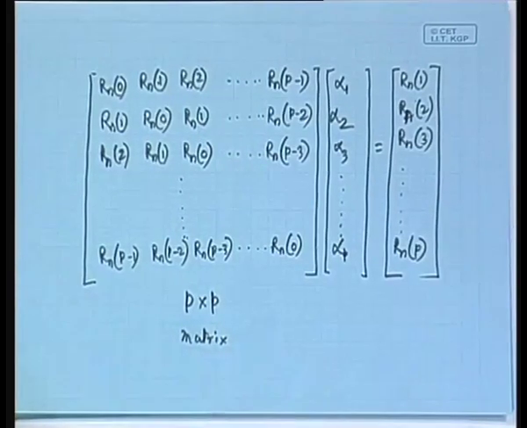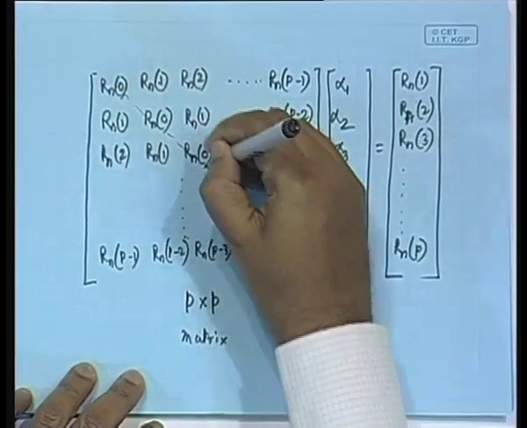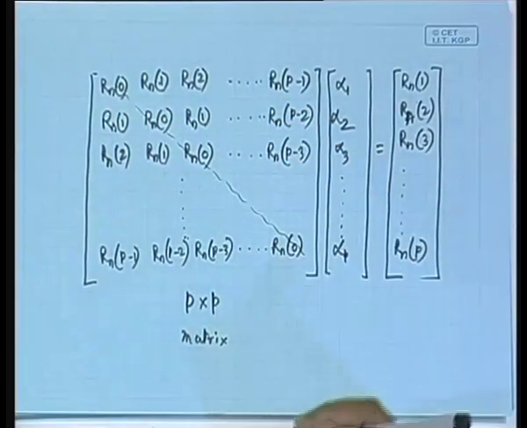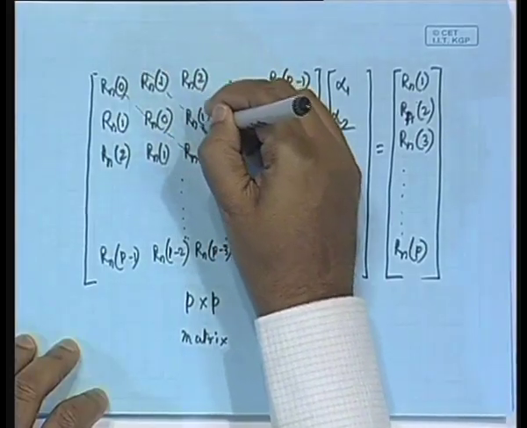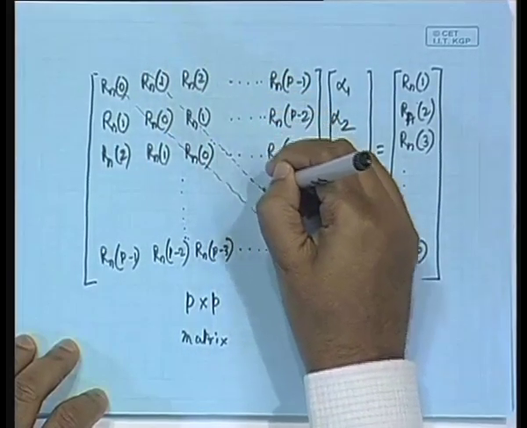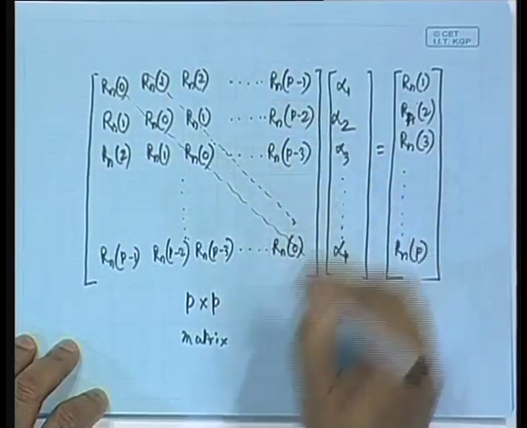And other than the symmetry, you notice yet another interesting property of this matrix. Just travel along the diagonal. What are you seeing? All the diagonal elements are the same. Travel along any diagonal, take Rn1, Rn1, Rn1, and here it ends with Rn1.